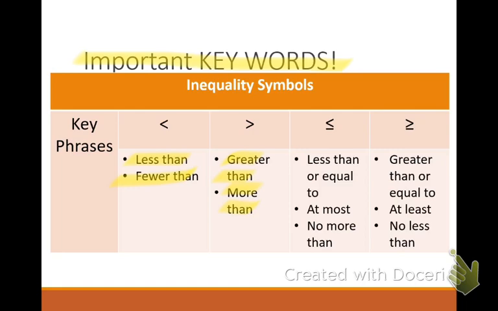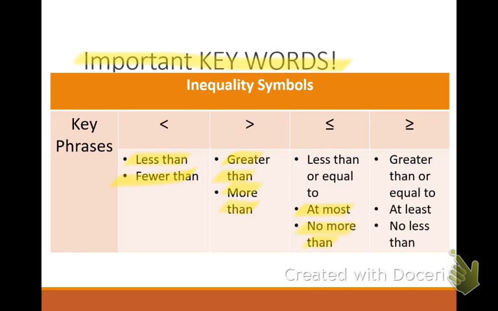But when we get to at most or no more than, we have to think about that a little more. If I say you can be at most 13 years old to get into the playground, at most means 13 years old is the absolute most. As soon as I say it in what we call a real life scenario, it becomes pretty easy, right?